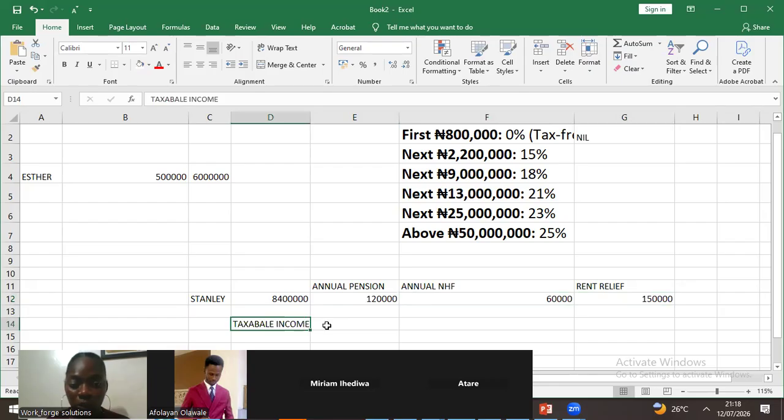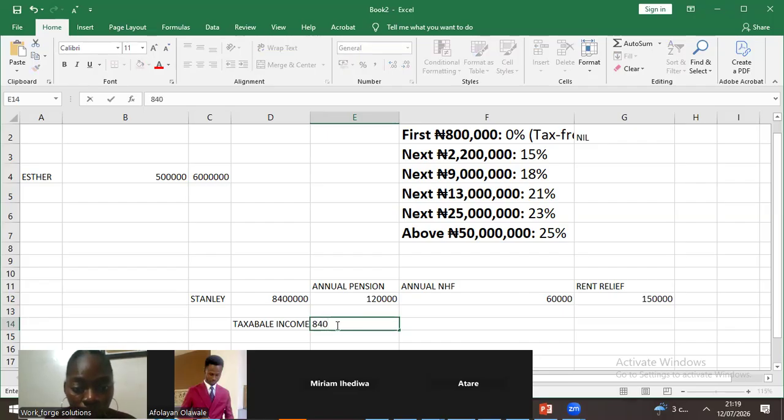So our taxable income will now be equal to 8,400,000 minus annual pension. 8,400,000 minus 120,000 minus 60,000.